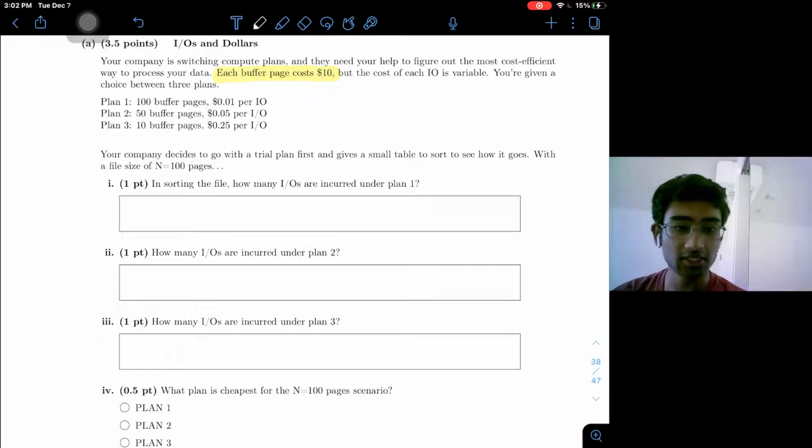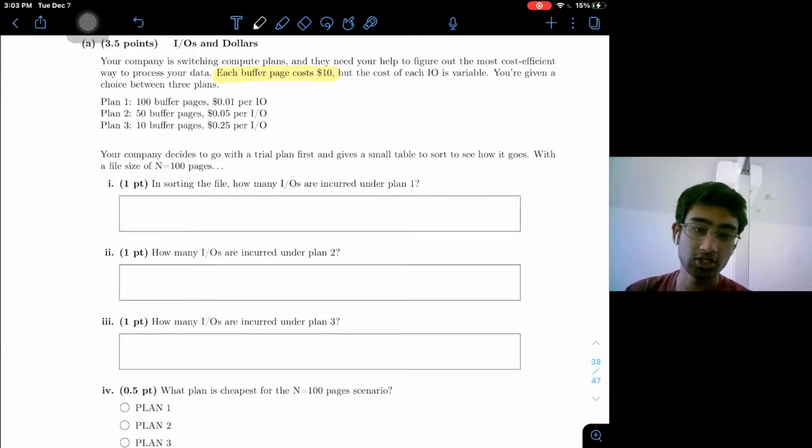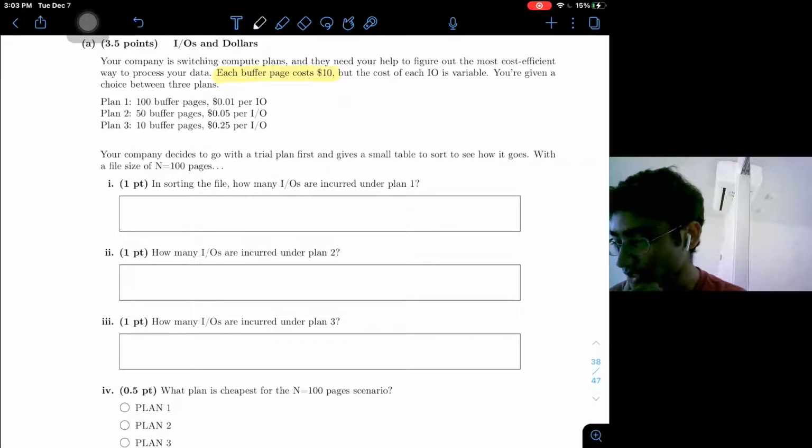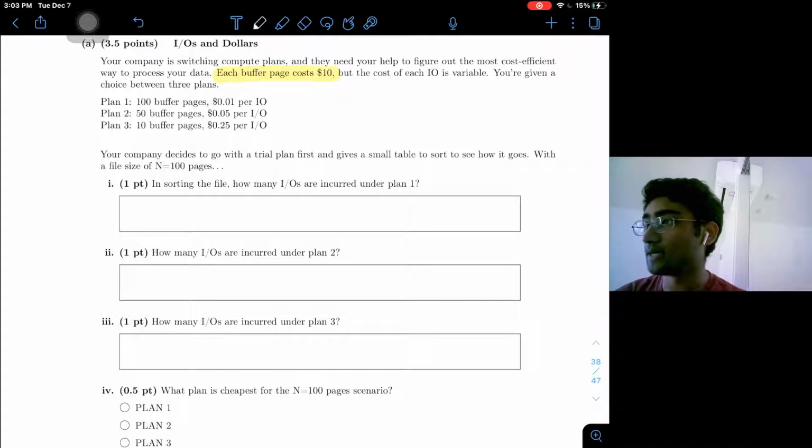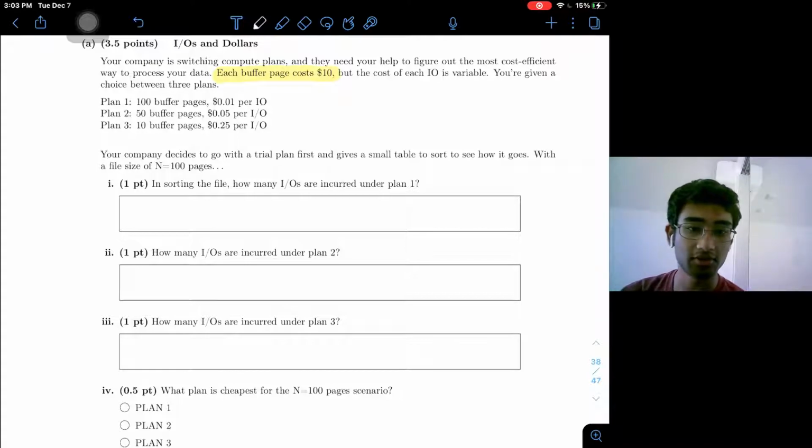And then once it divides those runs, it merges the runs in the next phase, where it starts merging together runs to ultimately get one sorted run. So in this phase, when it's merging together the runs, it can take multiple passes.